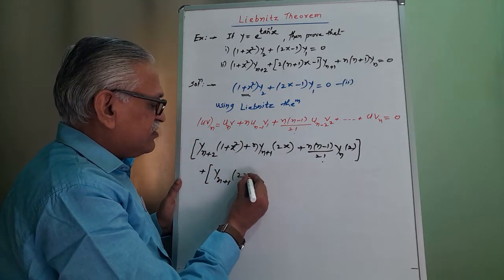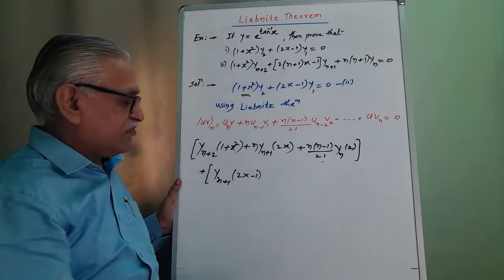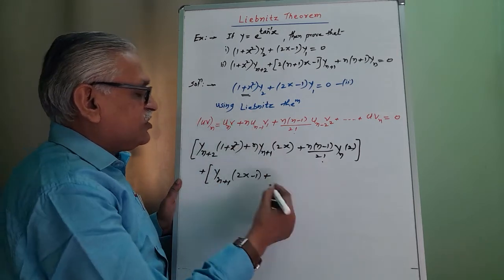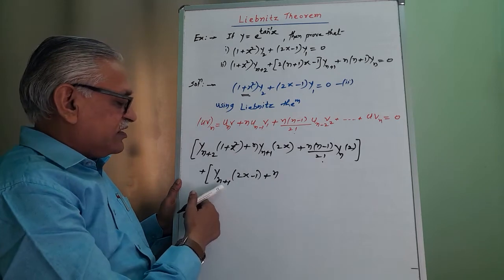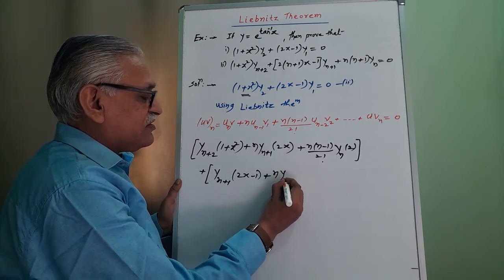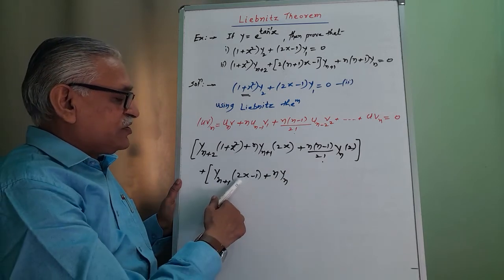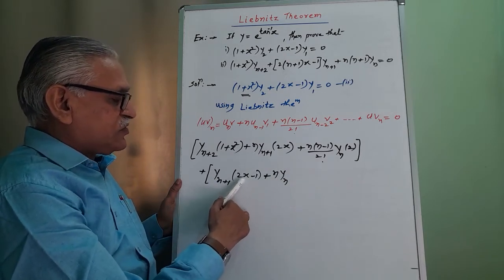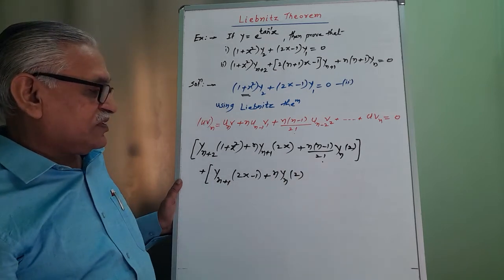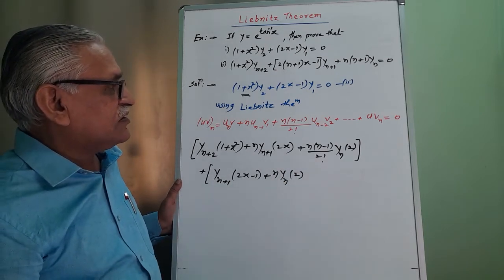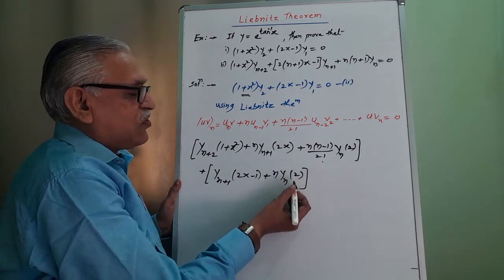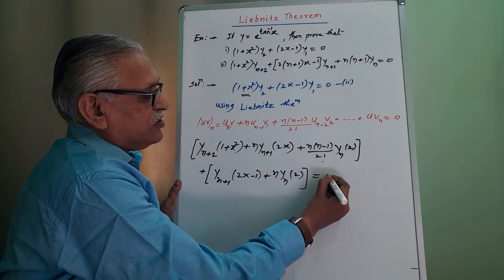V is here 2x minus 1, plus next one is n into un minus 1, meaning decrease the suffix by 1, we get yn. Differentiation of this term with respect to x is 2. Next one is 0, as we get the constant term, and that is equal to 0.